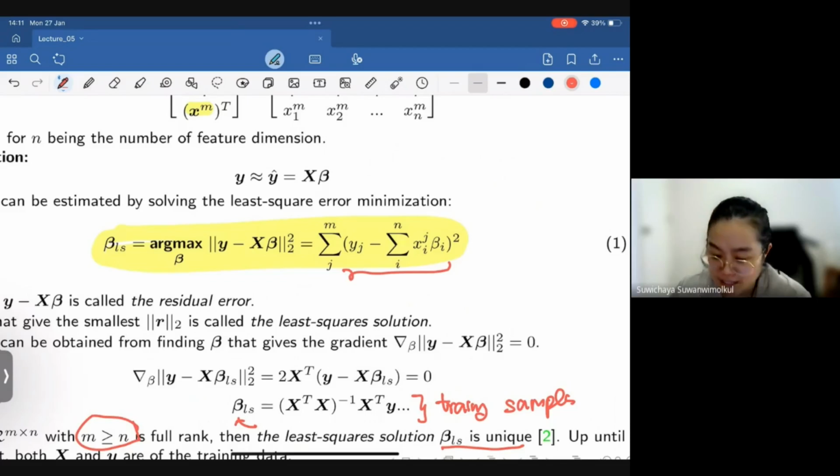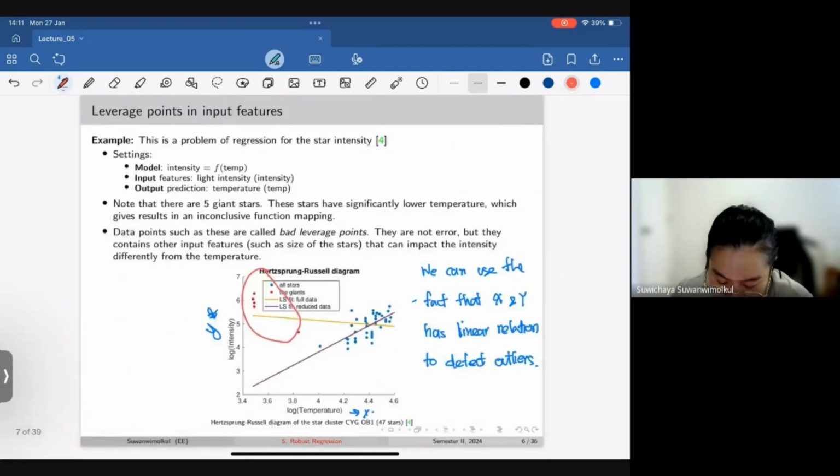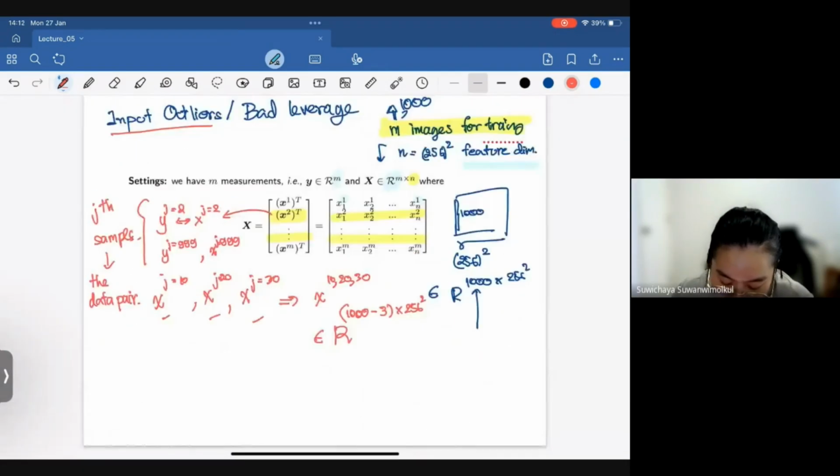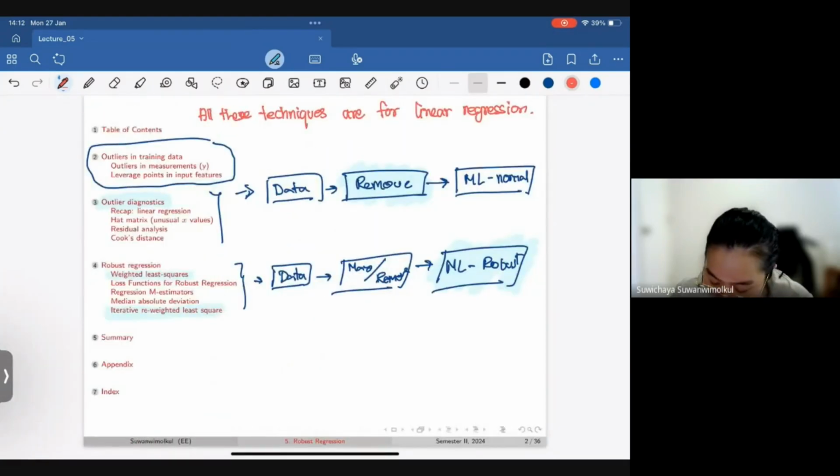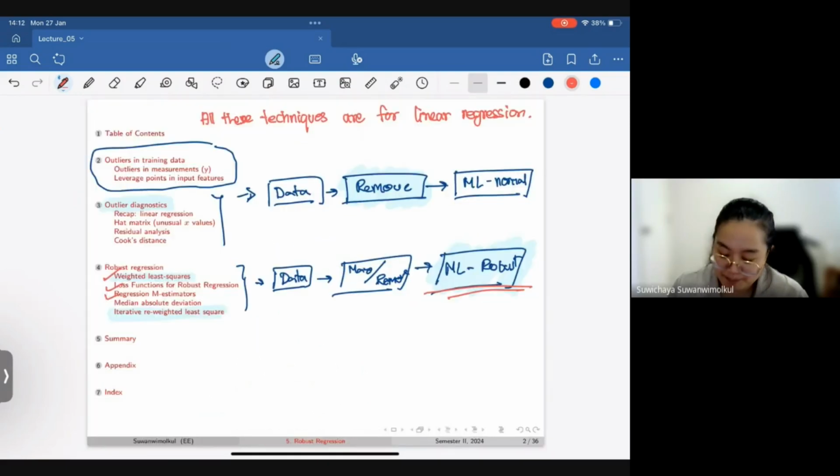These belong to the types of robust methods that make your machine learning more robust by sometimes changing the loss function, sometimes using an estimator, or maybe changing it to a median estimator. Or maybe putting different weights to suppress the outliers. That's the first method in robust regression.